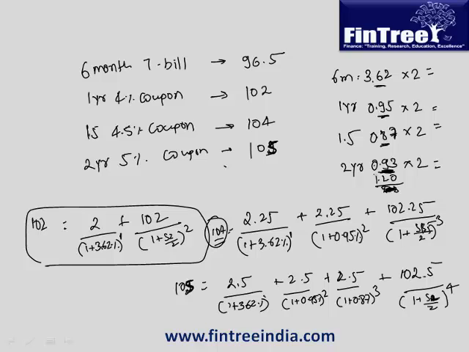2.5 divided by 1.0362 equal to STO1. 2.5 divided by 1.0095 x square equal to STO2. 1.0087, y raised to x 3 equal to, 1 by x, into 2.5 equal to STO3.